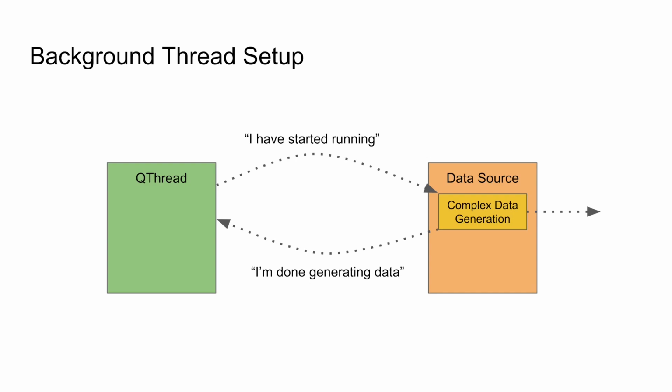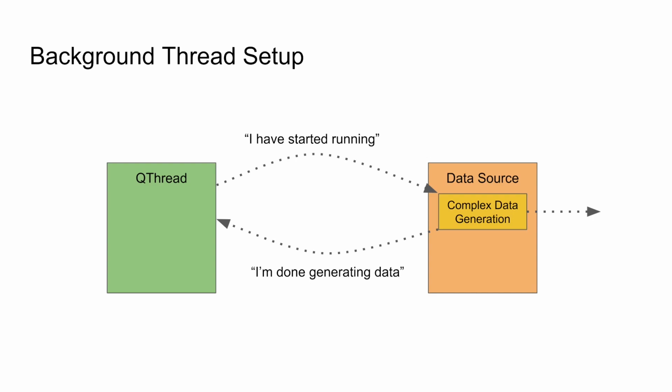We're going to create a QThread object, so that's something that Qt gives us, that is a handle or a proxy to an actual low-level thread instance. At the same time, we will create this data source that we've already created with a few modifications, and we're going to tell the thread to run our data source in the background thread. The way we do that is with a couple different function calls, but primarily we're going to use signals and slots to have the thread tell the data source, the thread is ready, it's running, you can now generate data in the thread.